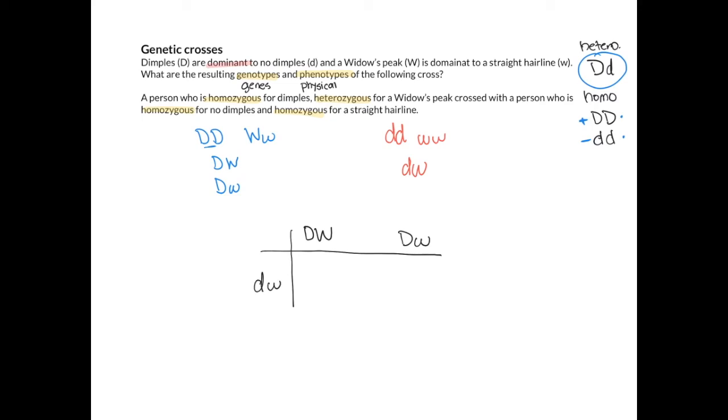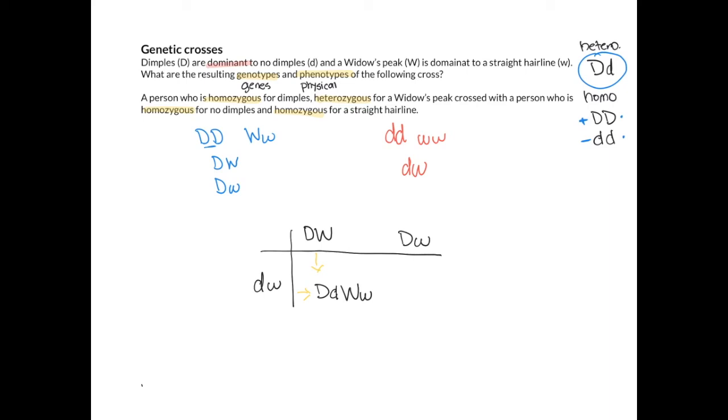So now we can go ahead and fill in our cross. How we're going to do this is we're basically going to, from each column and row, just pull in what we have for those values. So we have DW and dw. So one uppercase and one lowercase for each. So this is a heterozygous case.